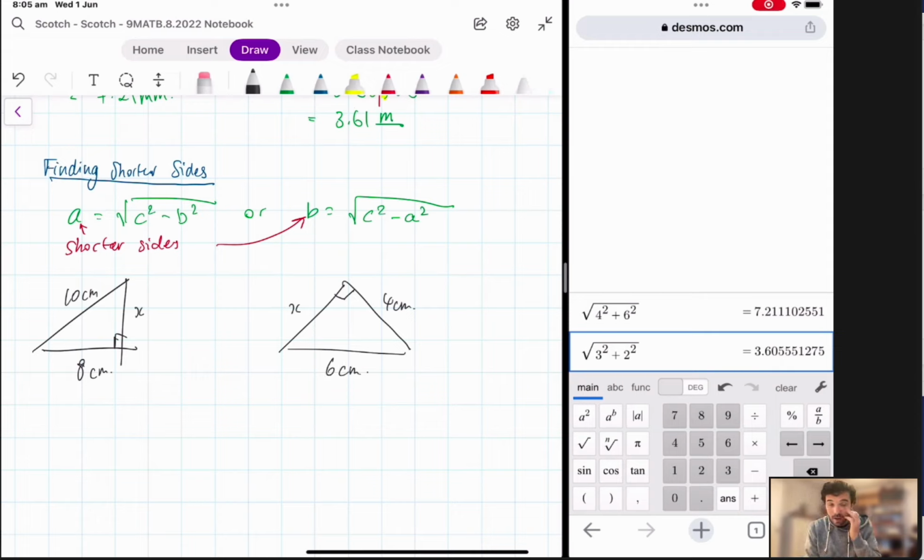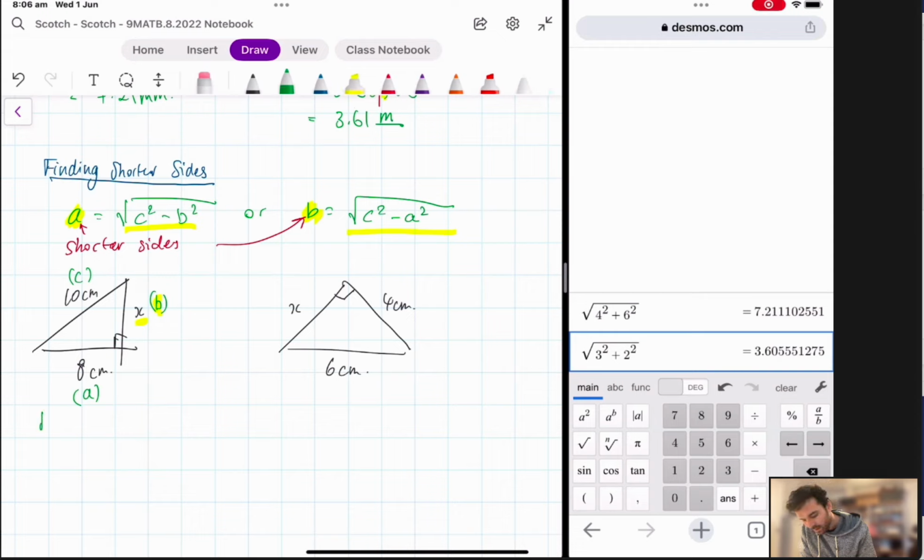Okay, so let's have a crack at the one on the left. We can see that we need to start off by labeling, like we did before, C, A, and B. The next step is, what are we trying to find? If we're trying to find A, we use that equation here. If we're trying to find B, we use this equation here. So which one are we trying to find? Well, we're trying to find X, which is our B. So we're going to use that second equation.